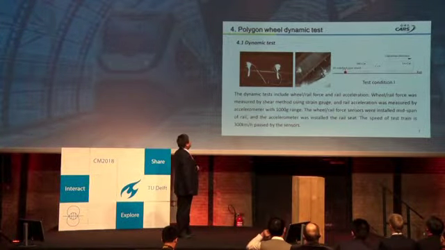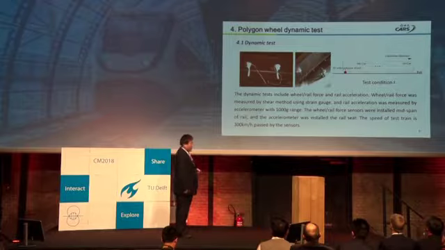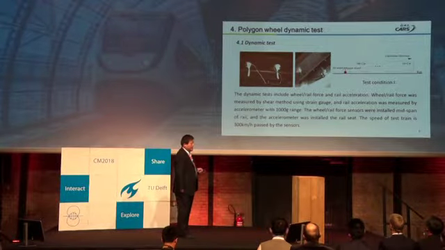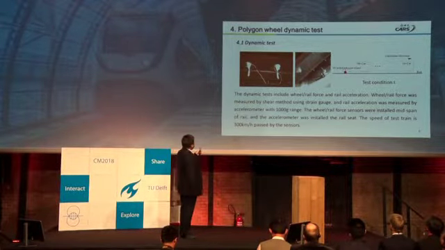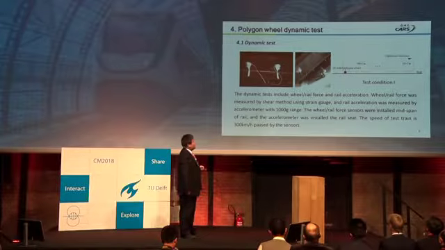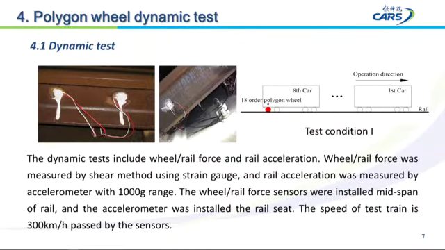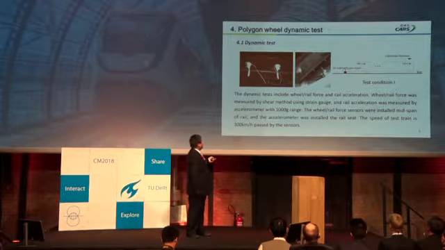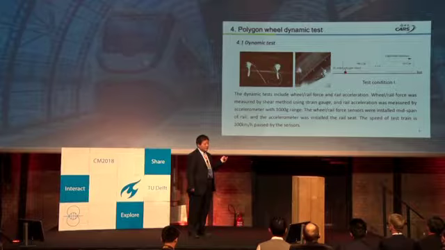The dynamic test includes wheel-rail force and rail acceleration. Wheel-rail force was measured by the Xiao method using strain gauges, and rail acceleration was measured by an accelerometer with a 1000 g range.